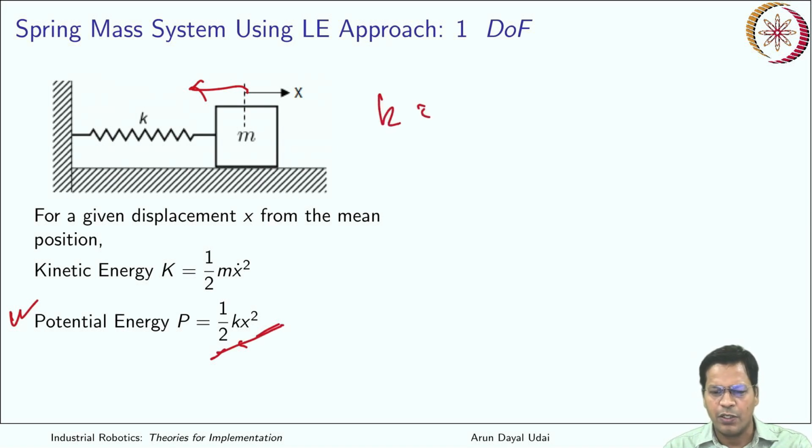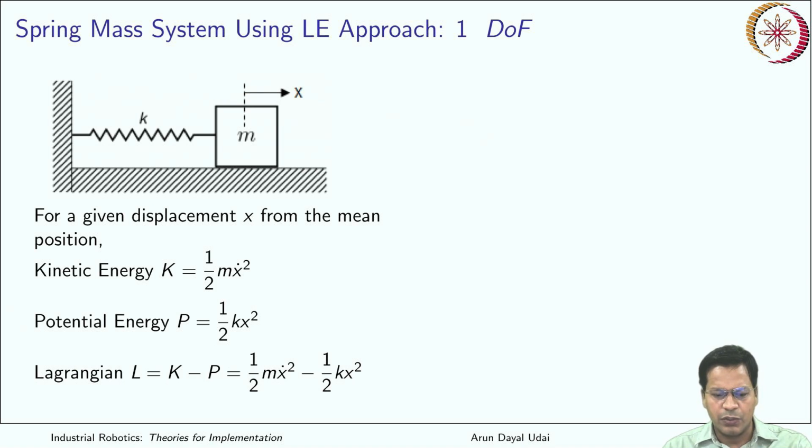Stiffness is defined as the force developed by the spring per unit displacement of the spring. So the Lagrangian becomes L is equal to kinetic energy minus potential energy. So this minus this. This is your Lagrangian.